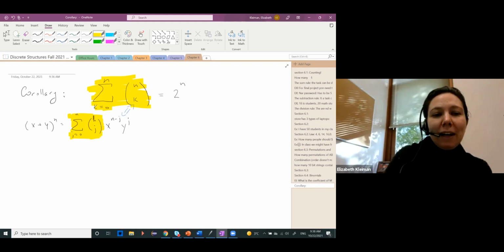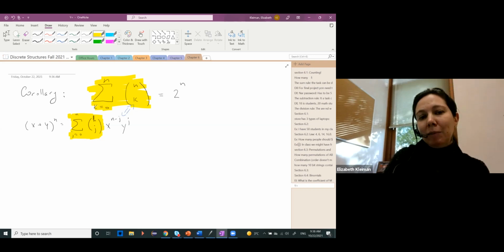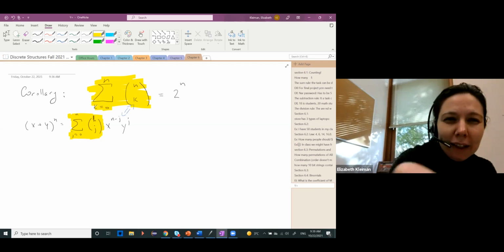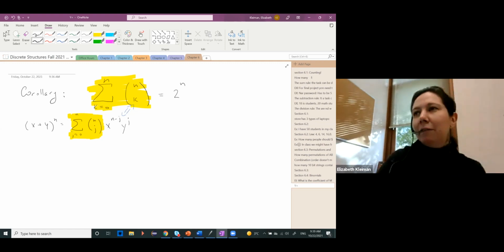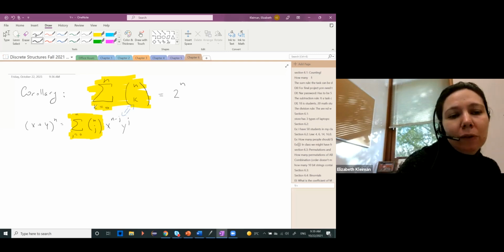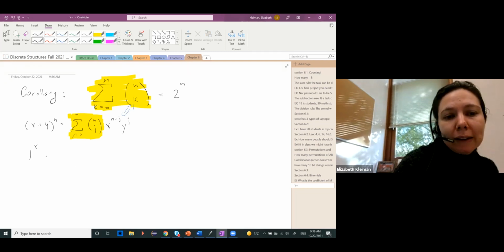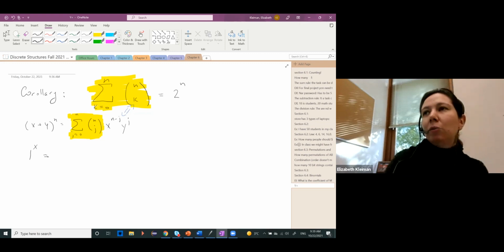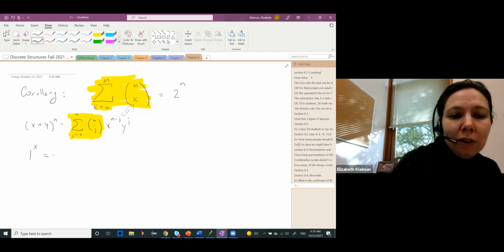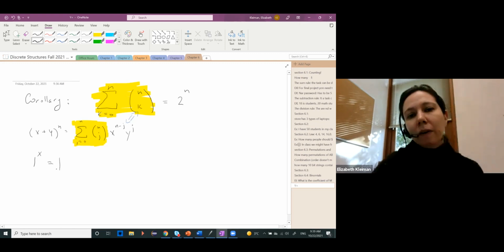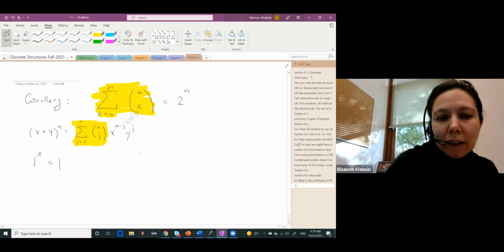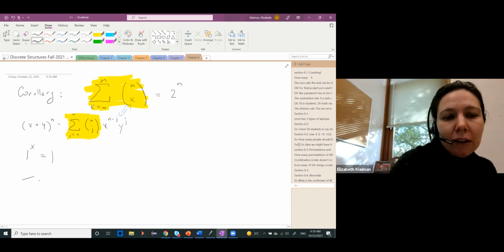But then I have x to the power n minus j and y to the power j. And in here on top, I don't really have anything like this, correct? But we know a couple of things. What can you tell me about 1 to the power x? How much is 1 to the power x? It's always 1. So let's look at this summation again.